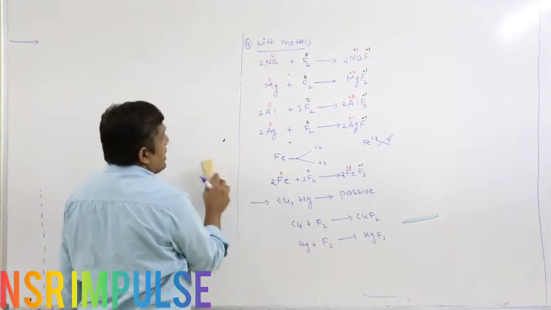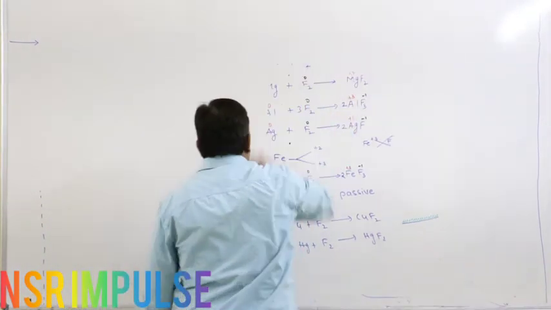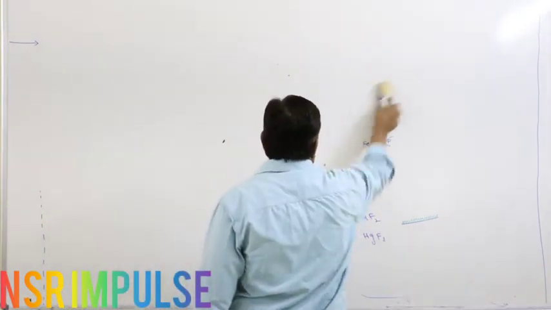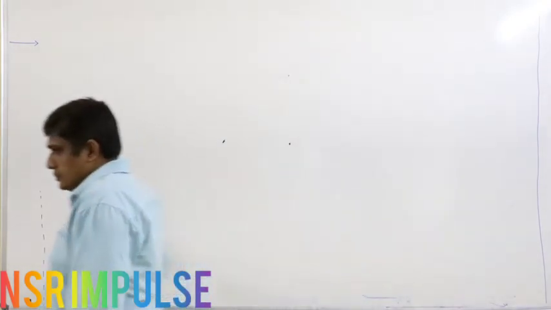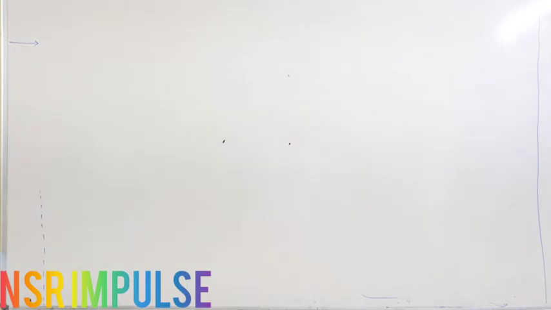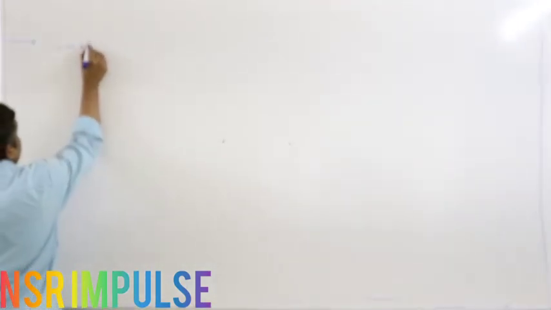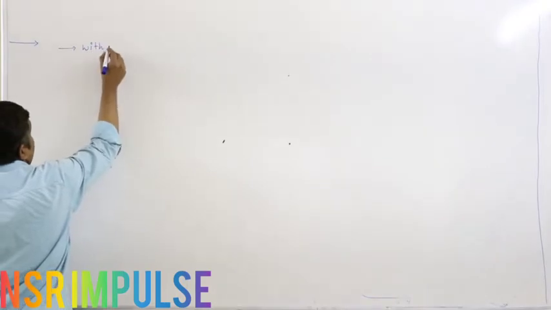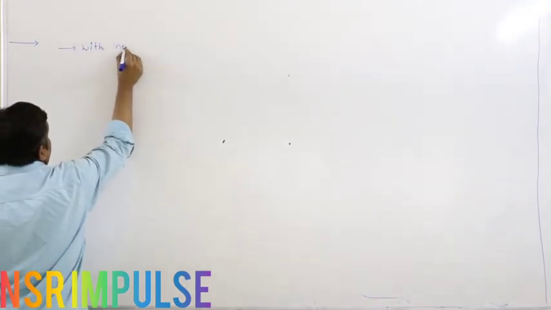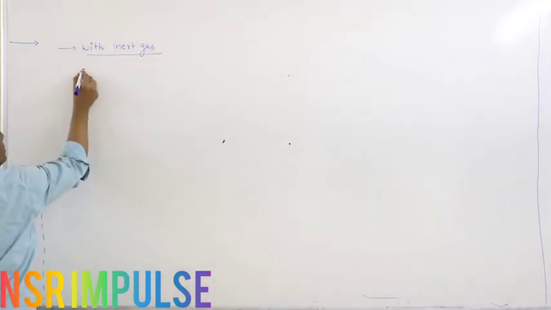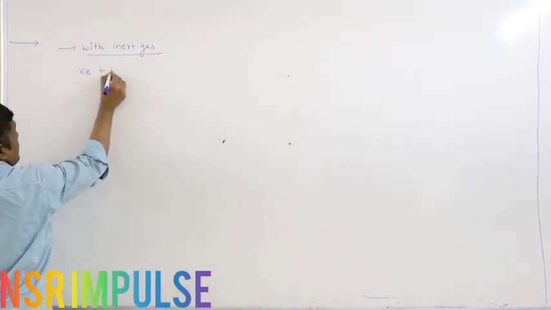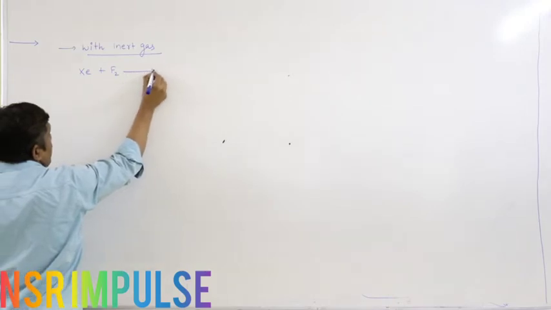We have completed reaction with metals. Next, reaction with non-metals. Sorry, we have completed with metals. Reaction with inert gas. So what are inert gases? Zero group elements. Xenon and krypton react with fluorine to form different compounds.